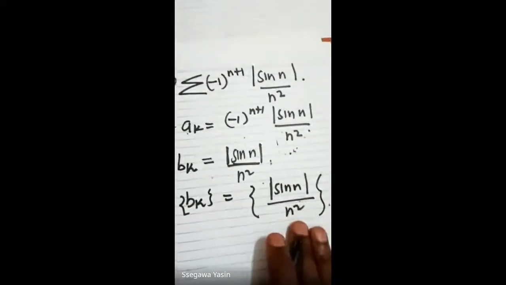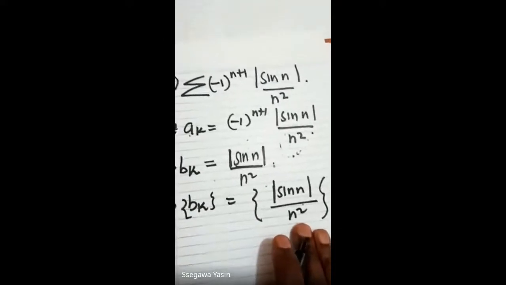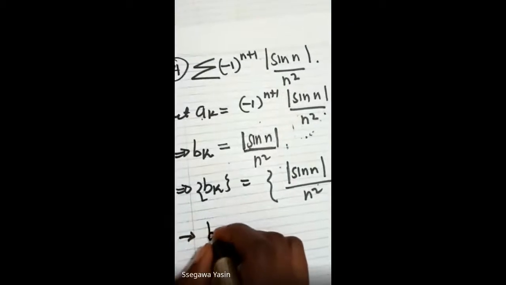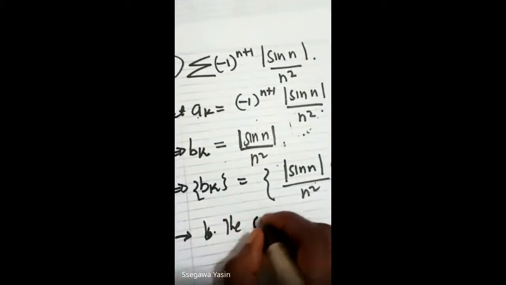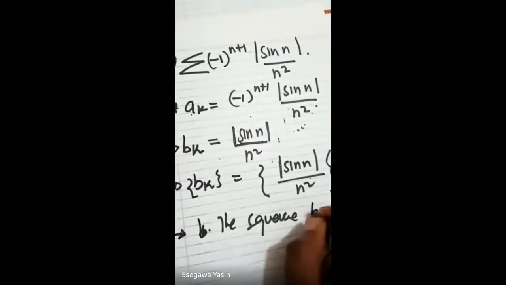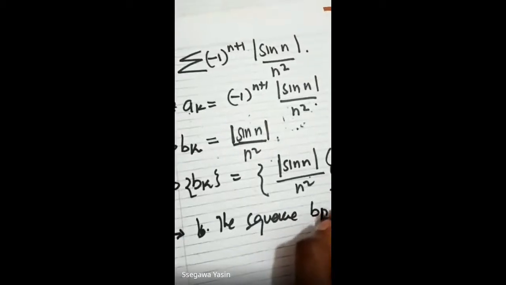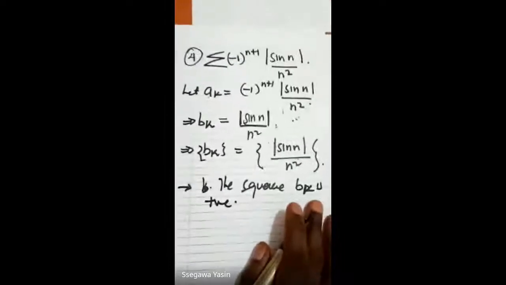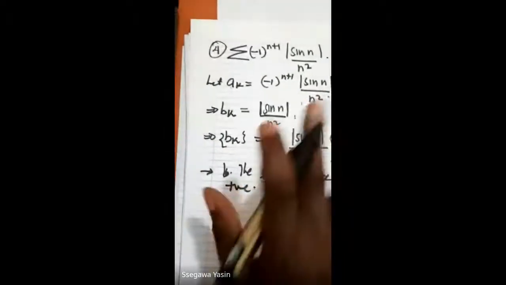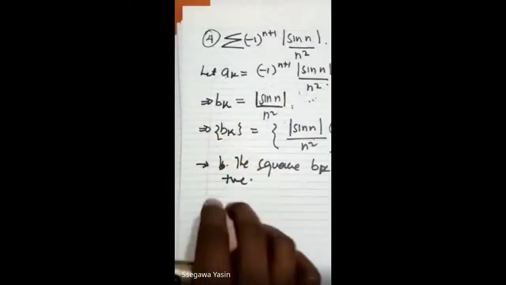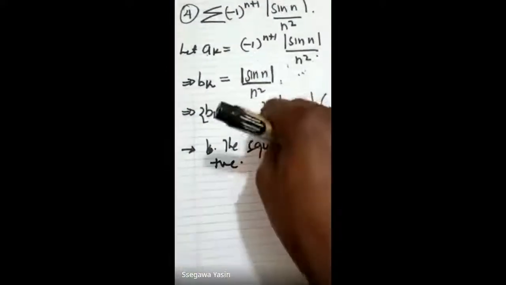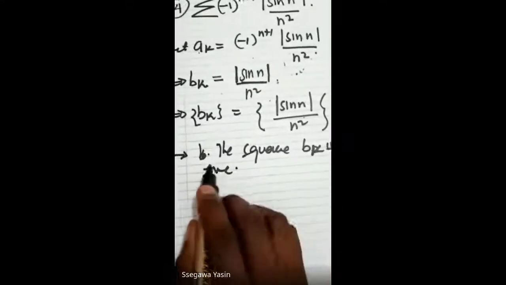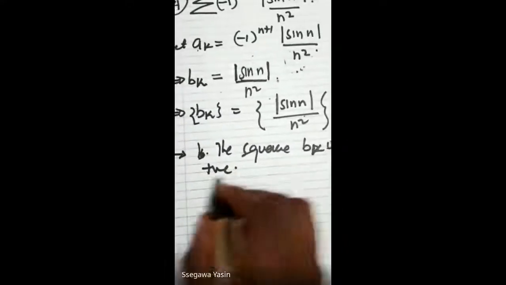This is a sequence b_n, or b_k. The first characteristic is that the sequence b_k is positive. I think everyone can see it. We are supposed to satisfy the three characteristics, and I want you to see where it may fail.